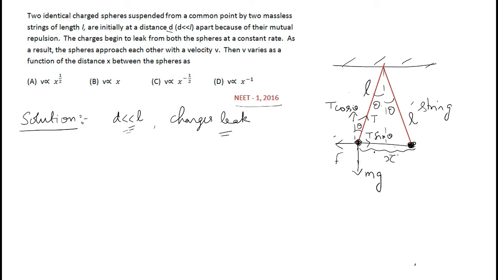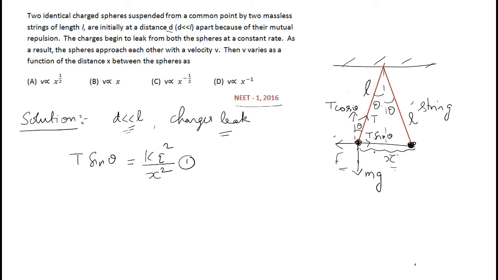Now, in this situation the distance is x. So we have T sin theta balancing the force F, which is k q squared by x squared. If you imagine them to be in equilibrium, but actually they are not in equilibrium because the charges leak.